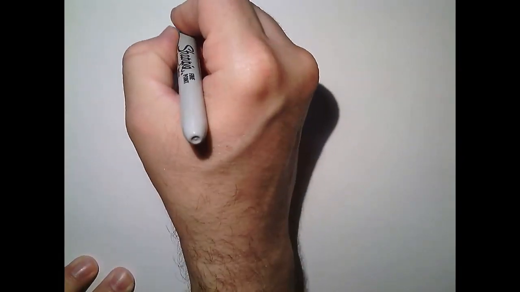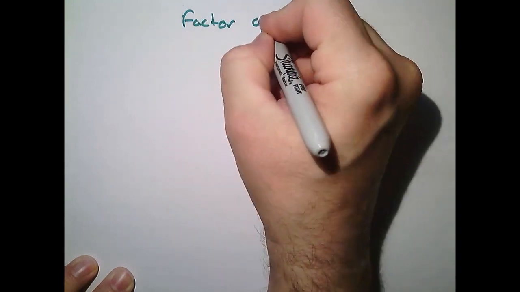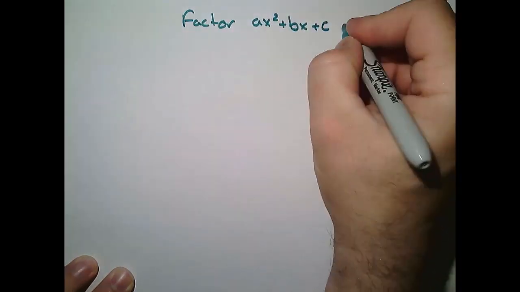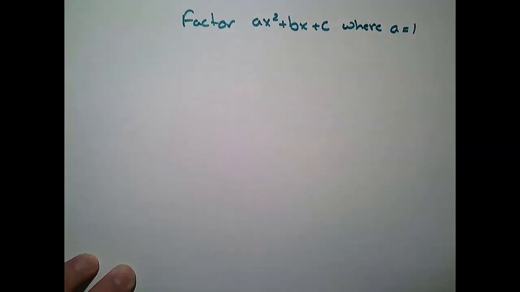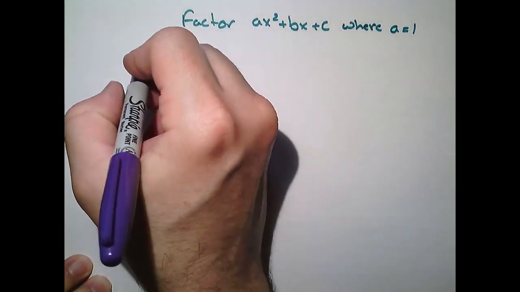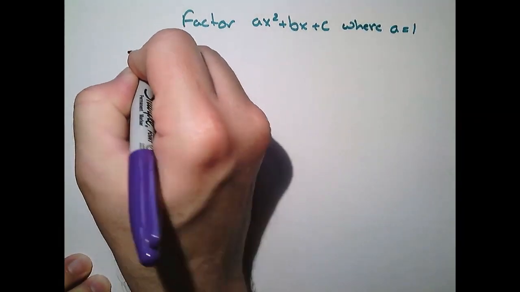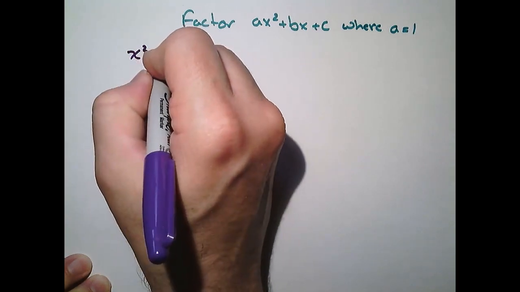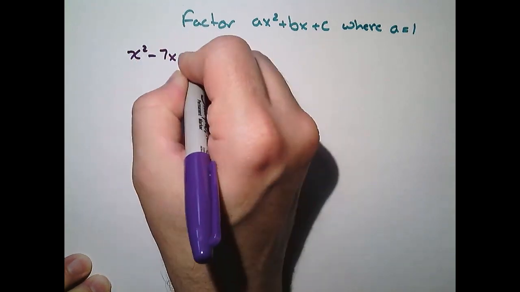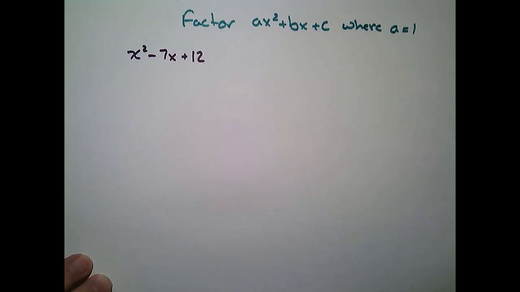Okay, so let's take a look at factoring our standard form. So factor ax squared plus bx plus c, where a equals 1. And I'm going to use an example. I'm going to use x squared minus 7x plus 12 as my example as we go through here.